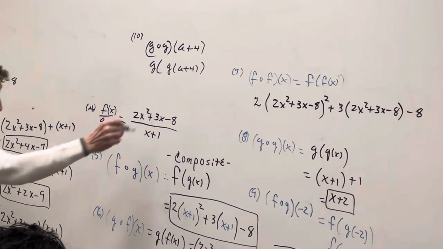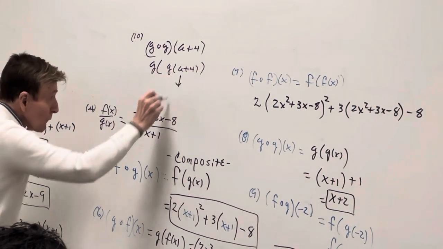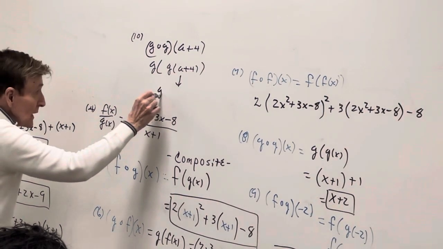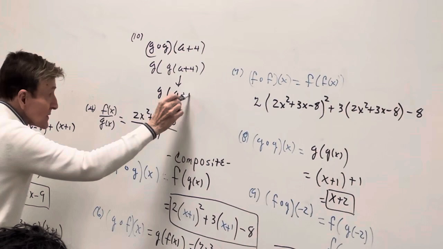Inside here, it says, please go to my g function, that I have over here again, and substitute x with a plus 4. So this becomes a plus 4 plus 1, doesn't it, guys? Which is going ahead and call it what? a plus 5. So this becomes g of a plus 5.